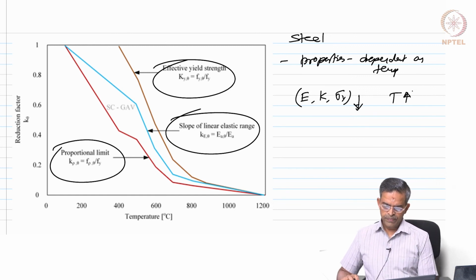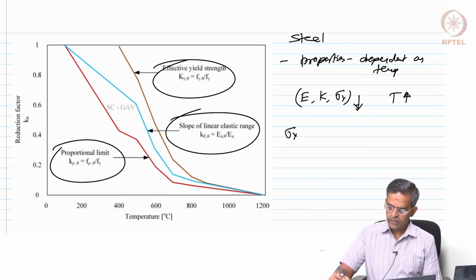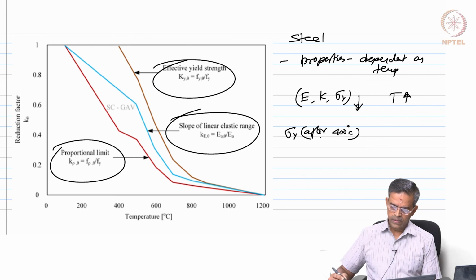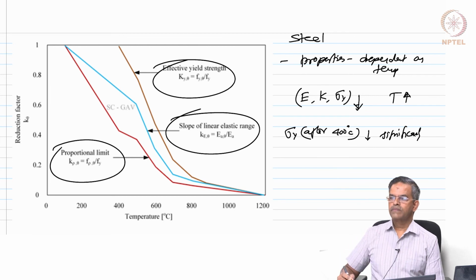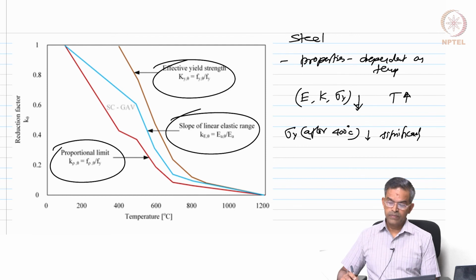Especially the yield strength after 400 degrees Celsius decreases significantly. Right?